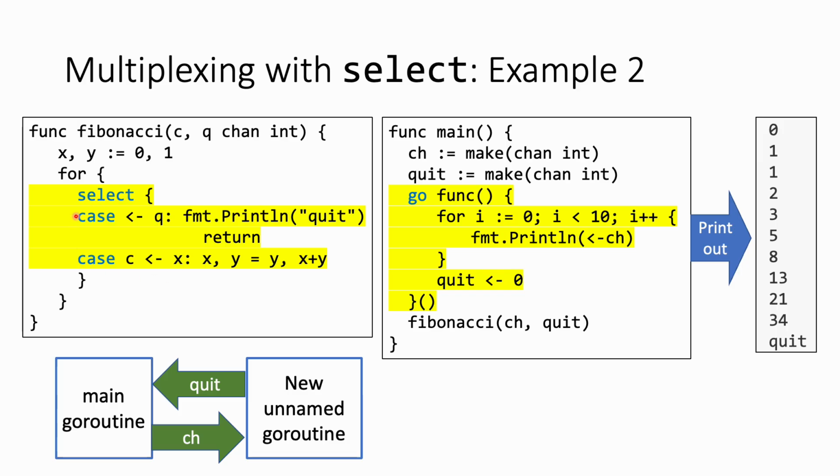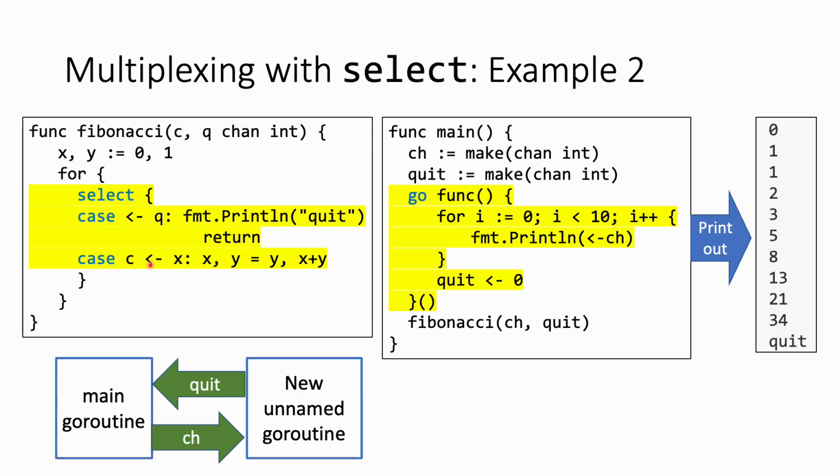To implement this, it has a select statement inside the infinite for loop. The select statement has two cases. The first case is receive from channel Q, and when this case is ready, it prints out quit and returns. The second case is send value x to channel C, where x is the current Fibonacci number.